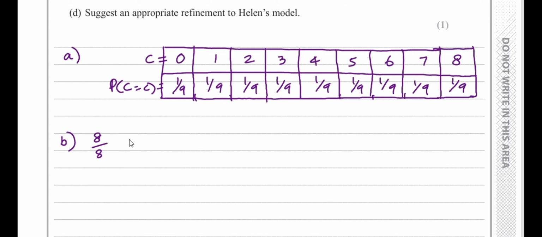Therefore, if the cloud cover is 50%, it would have been half of it, that is 4/8. When the question says the probability is less than 50%, it means probability of C being less than 4. So looking at the table for probability less than 4, what are all applicable? 1, 2, 3, and 4. That means it's going to be 4/9.